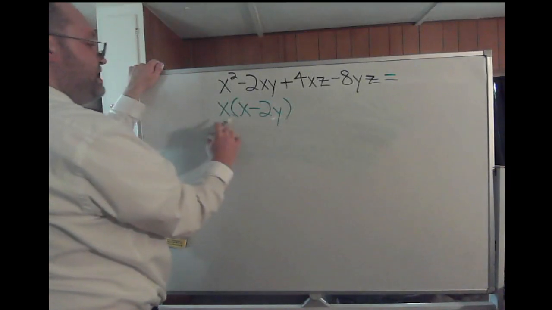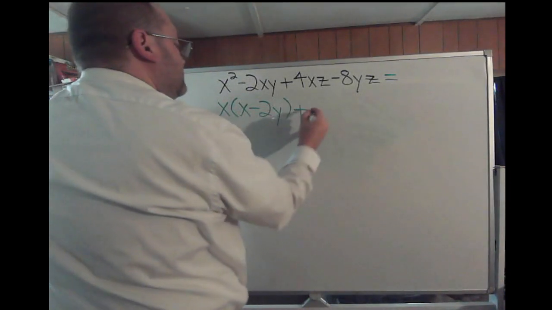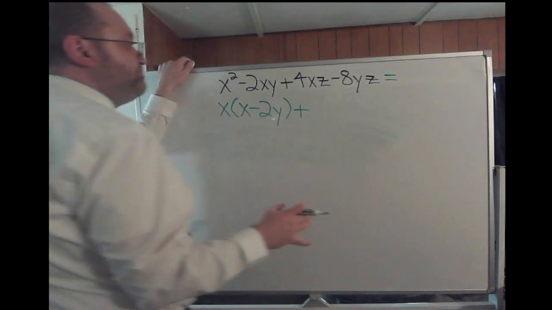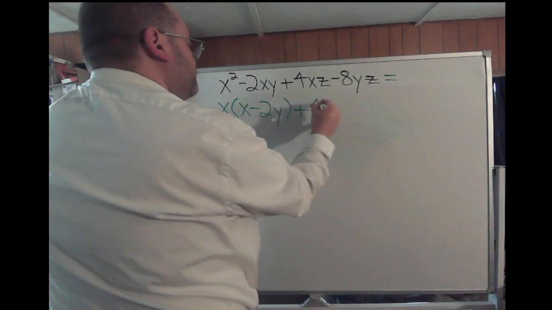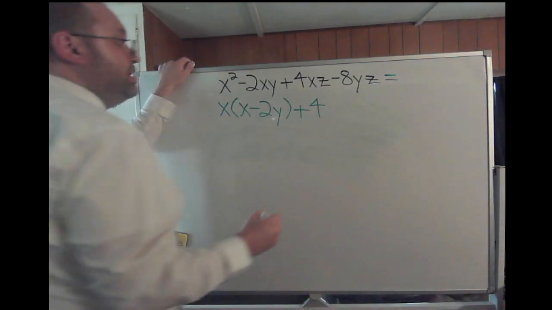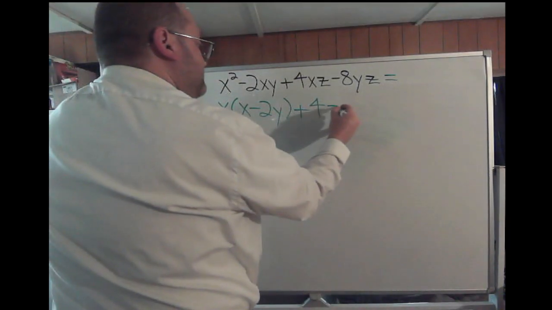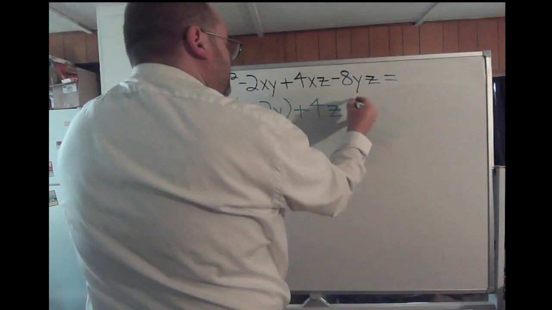So you get x times the quantity of x minus 2y plus, now we're going to deal with 4xz minus 8yz. Well, between 4 and 8, there's a common 4, that's for sure. But between xz and yz, there's a common z. So really, you could factor out 4z entirely.